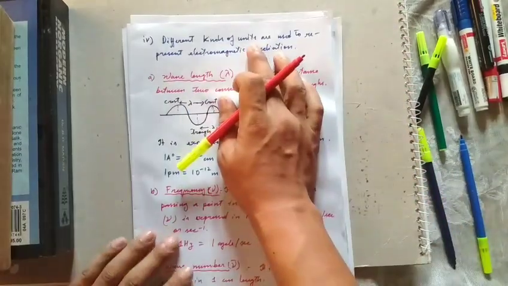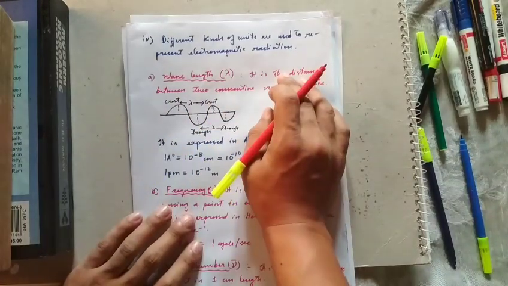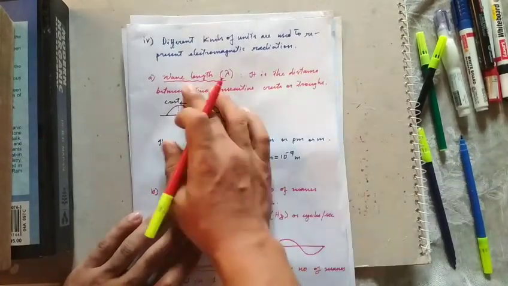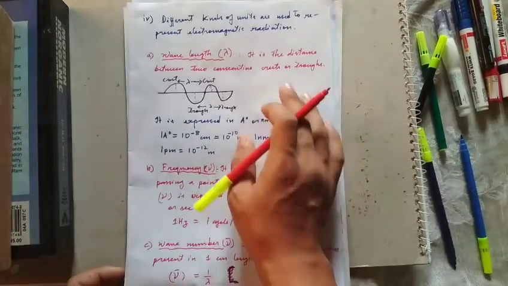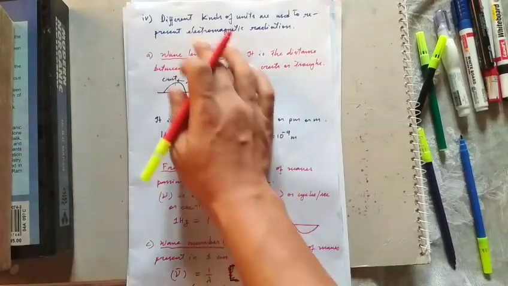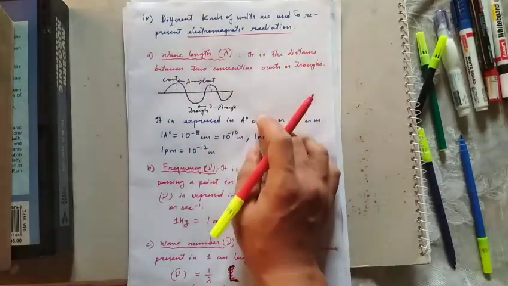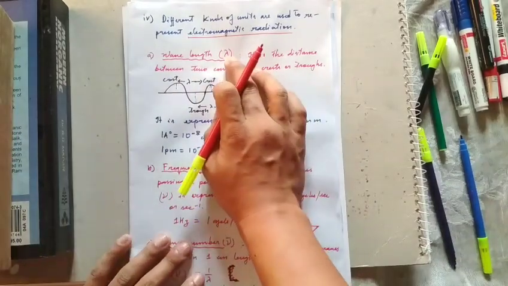Different kinds of units are used to represent electromagnetic radiations. Usually wavelength and frequency are used to represent the units of electromagnetic radiations. The first one, wavelength, is represented by lambda.